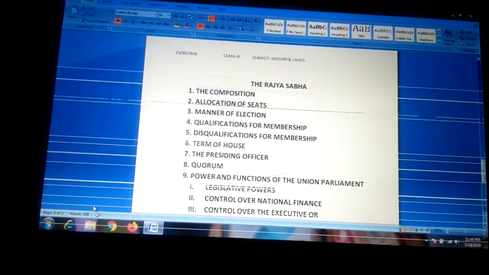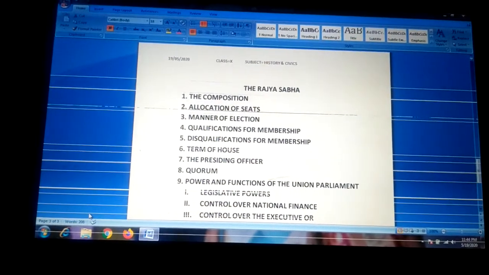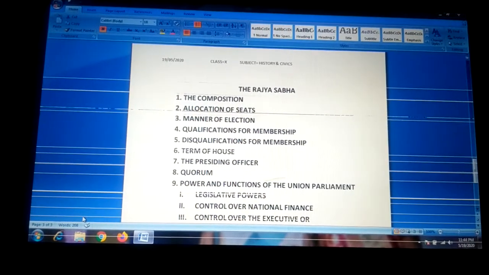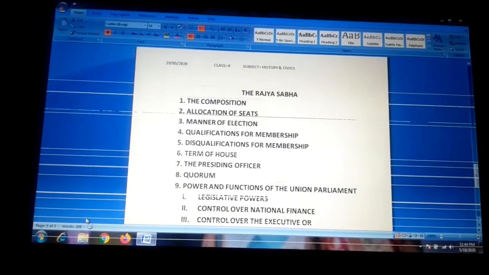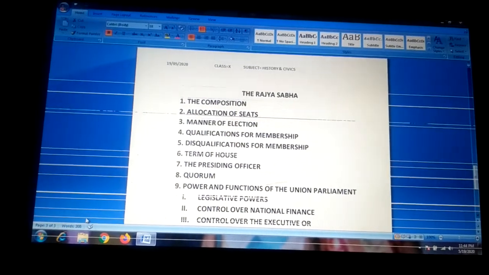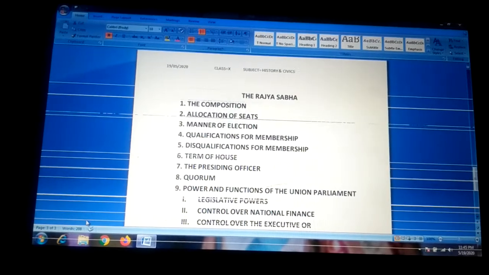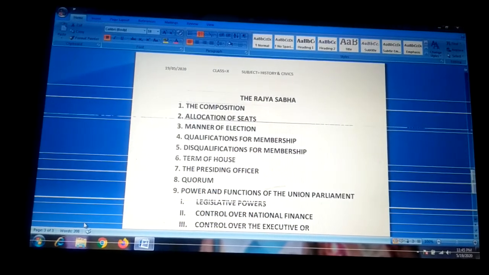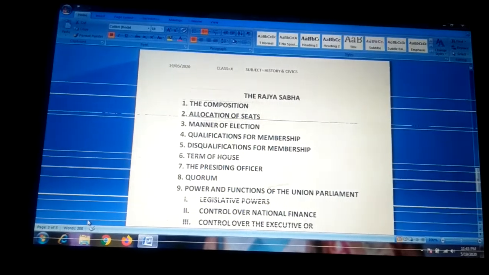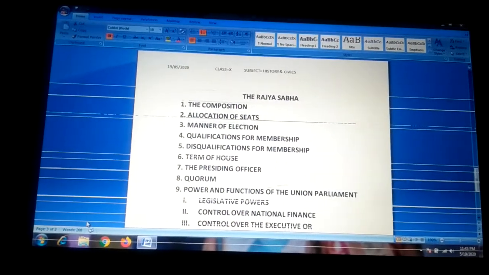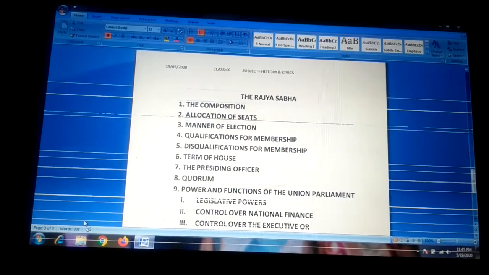The first one is legislative powers. In legislative powers, there are 4 points. Learn these points: matters in the union list and the concurrent list, residuary powers, matters in the state list, and ordinance.